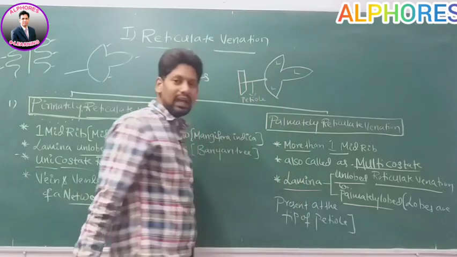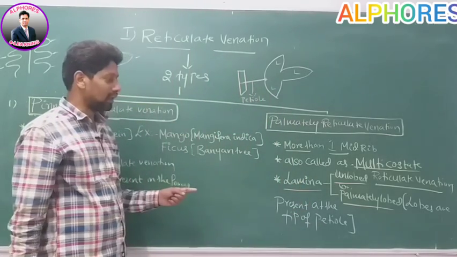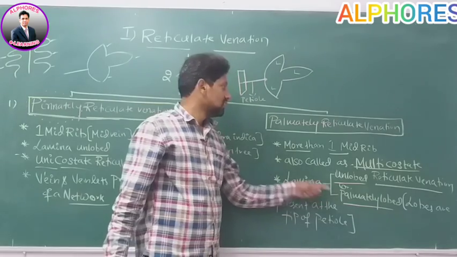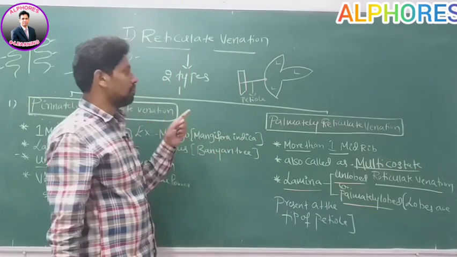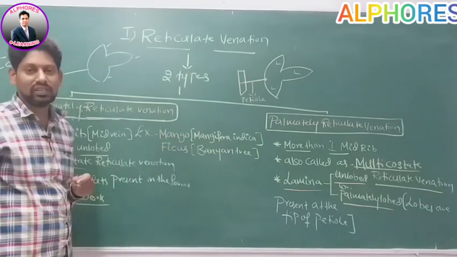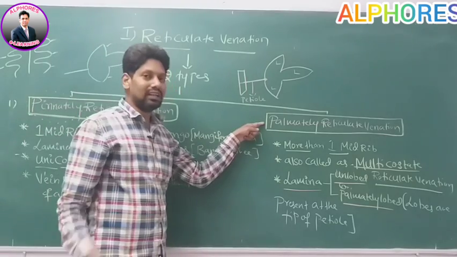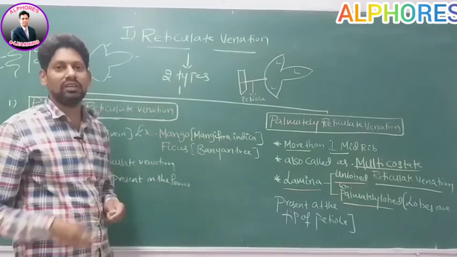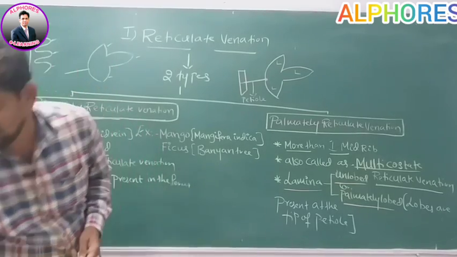Is this statement okay? At the tip of the petiole, lobes are present. That is palmately lobed. Sir, we are discussing which venation, sir? Palmately reticulate venation, right? Sir, this palmately reticulate venation is of two types. How many types, sir? Two types, right?